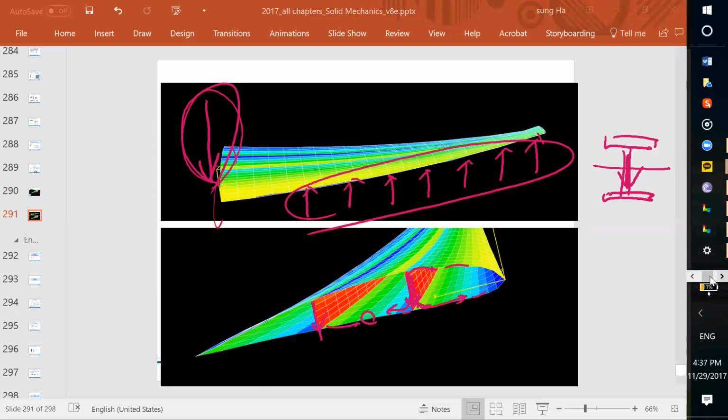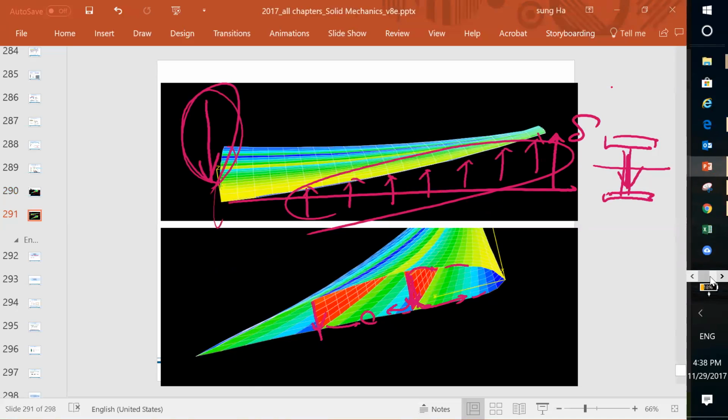So you consider two points in design. First one is how much you deflect, right? If the wing does not fail, but if you deflect like that, we don't like it, right? So we have to have a certain limit. And even though it does not deflect much, there may be huge stress that may break it, right?